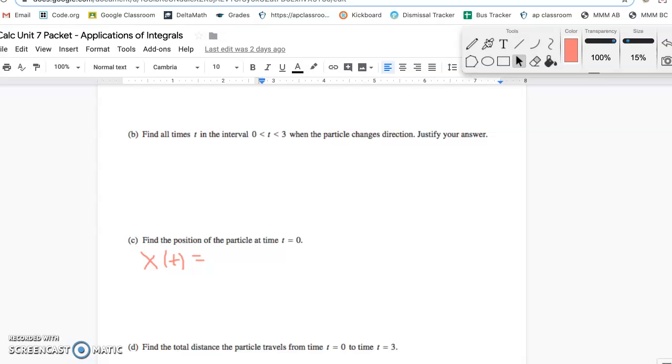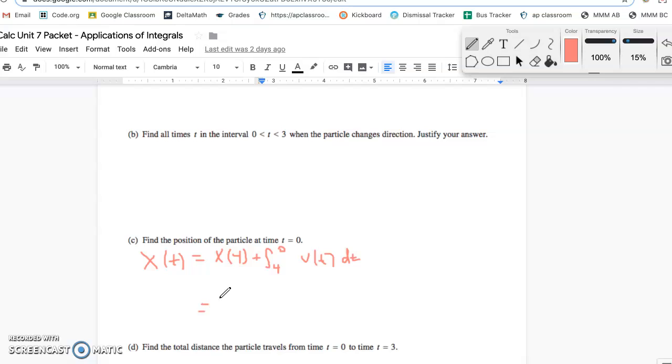So what we're going to say is our original, what we already know, is x of 4, our known, plus the integral from 4 to what we're trying to find, which is 0, of v of t dt. So the known plus how much it changed in that interval.